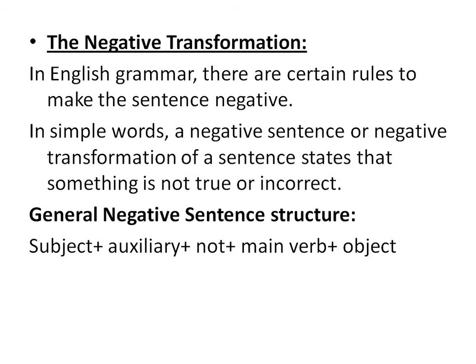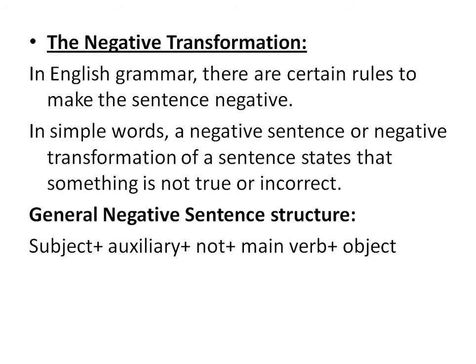So what are the rules of the negative transformation? How do we transform positive sentences into negative sentences? In English grammar, there are certain rules to make a sentence negative. In simple words, a negative sentence states that something is not true or incorrect.